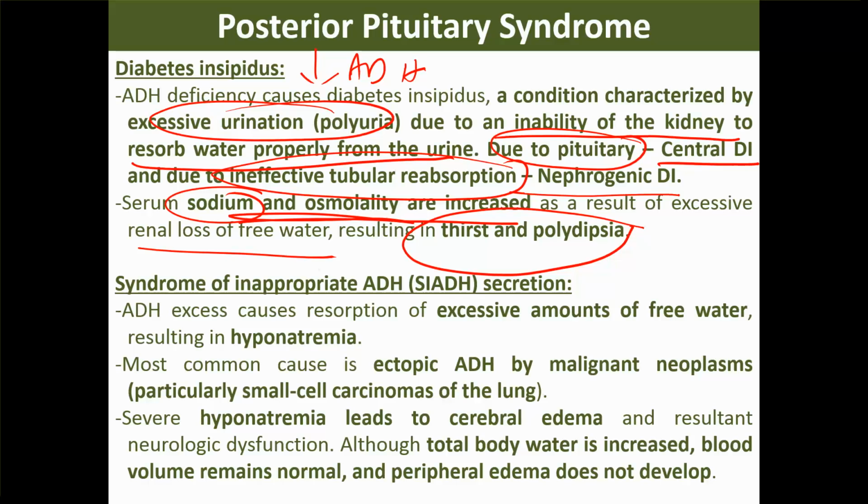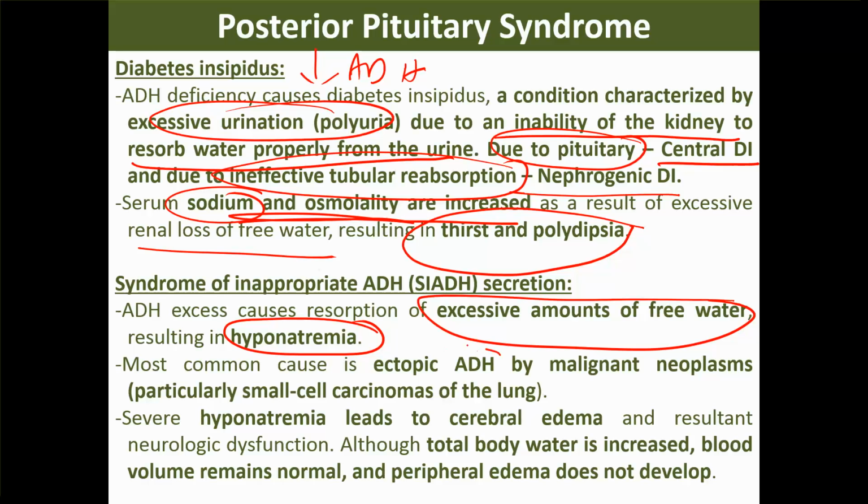So now coming to the syndrome of inappropriate ADH secretion. Remember, if there is too much ADH, what happens? They reabsorb too much water, and that will dilute the sodium level, that results in hyponatremia.